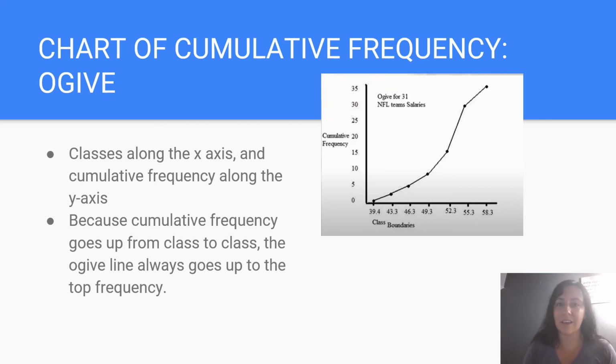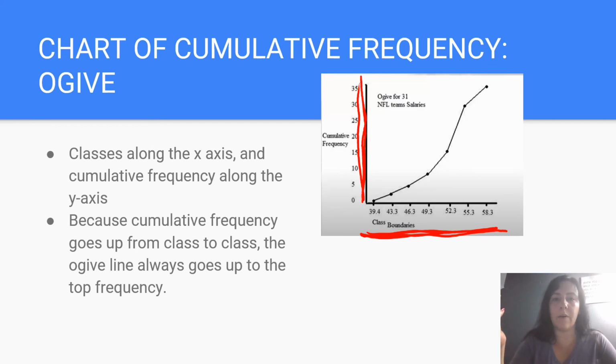It's not going to look like a histogram at all. You take your class, which is of course on your x-axis as always. That is your independent variable. And then your dependent variable is always going to be on your y-axis, and those are always your frequencies. So you're going to chart your cumulative frequency on the y-axis.